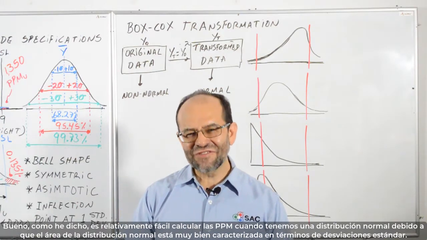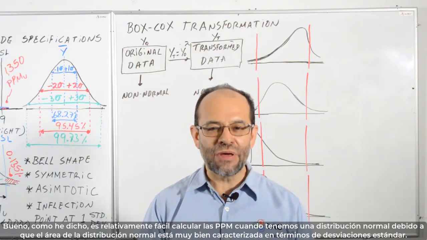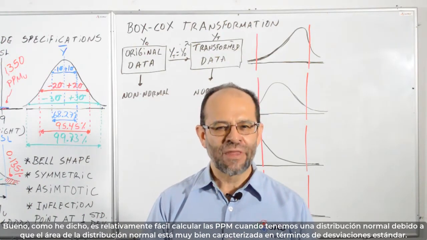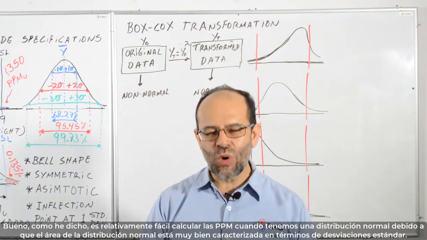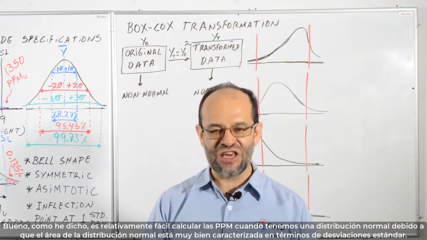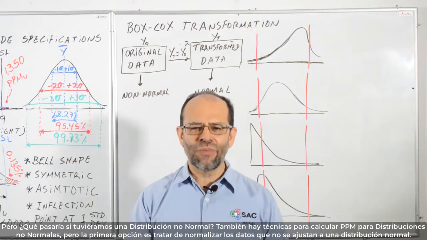Well, as I have said, it's relatively easy to calculate the PPMs when we are having a normal distribution, because the area of the normal distribution is very well characterized in terms of number of standard deviations. Well, but what about if we are having a non-normal distribution?